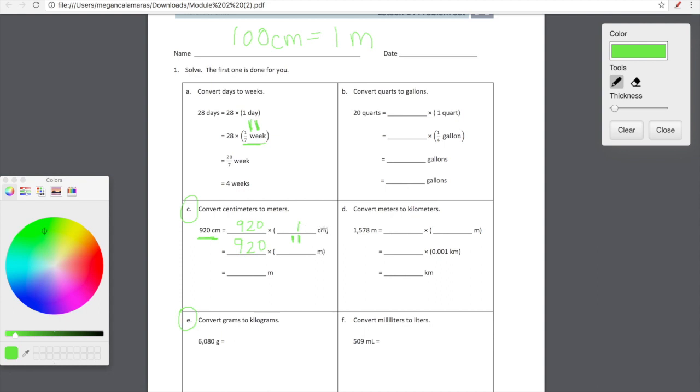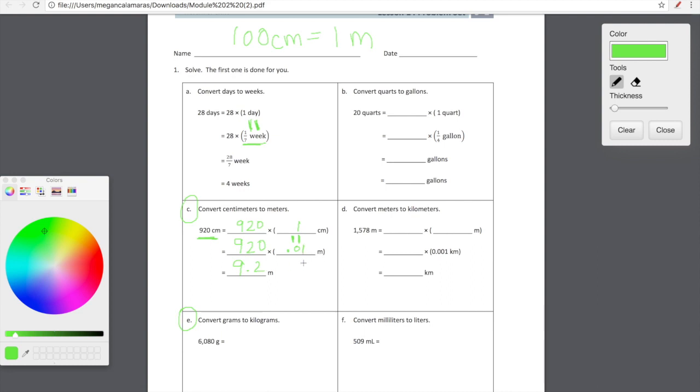1 centimeter, think about if you're holding 1 centimeter in your hand. You're holding 1/100th of a meter in your hand. By the time we get down to our third row here, we just need to multiply through. 920 times 1/100th equals 9.2.